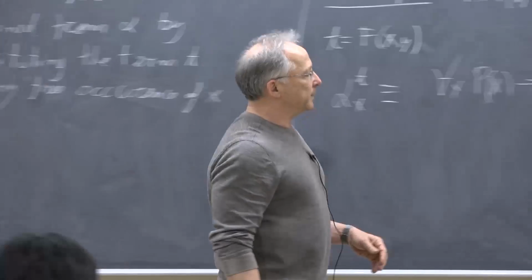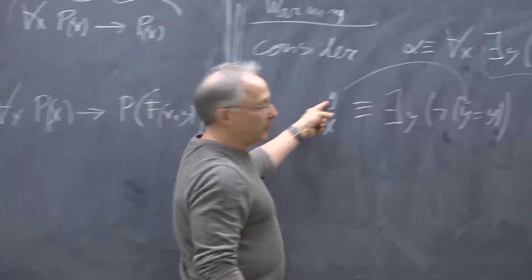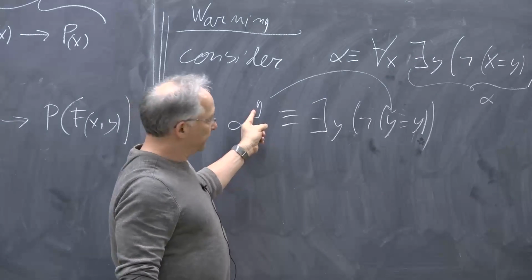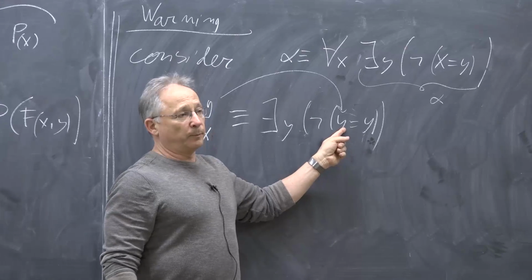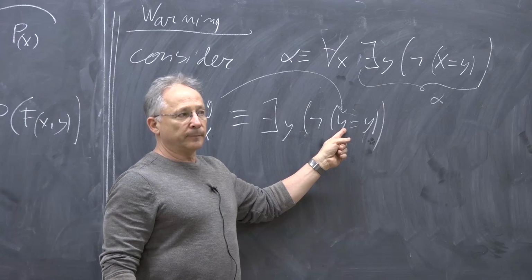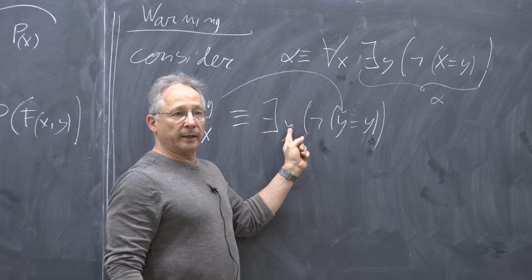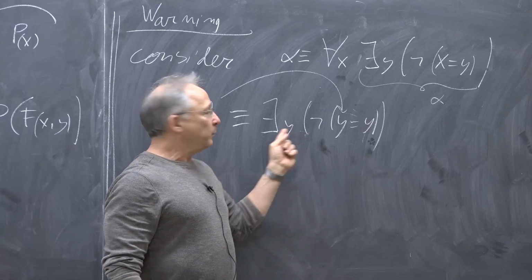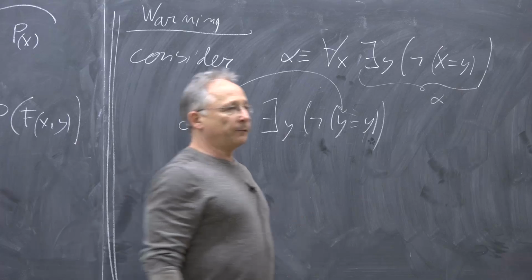What went wrong here is I had, in my T, a variable Y that once I substituted, it became bound. Because there was this exists Y. If I used another variable, everything would have been fine.